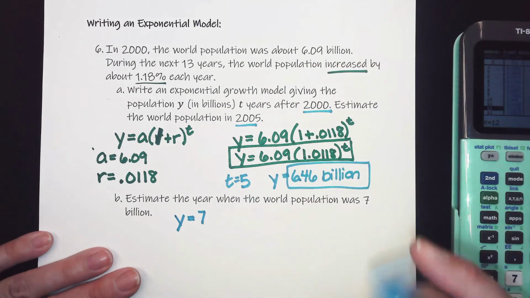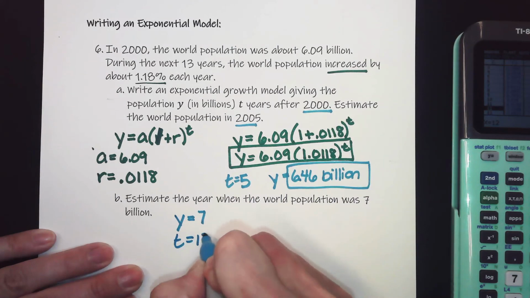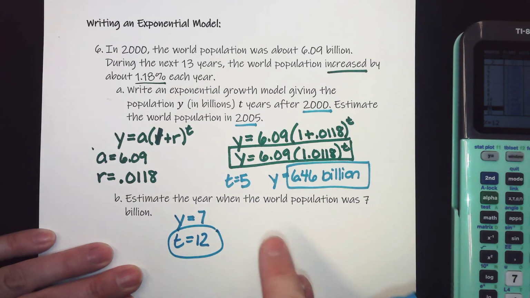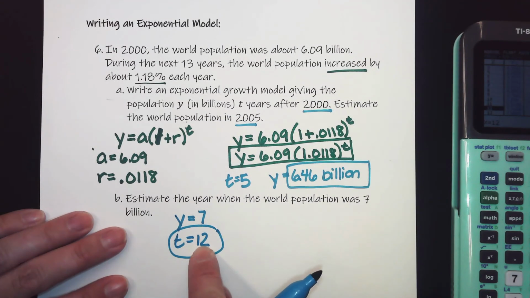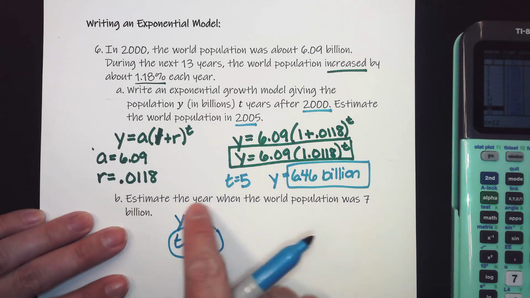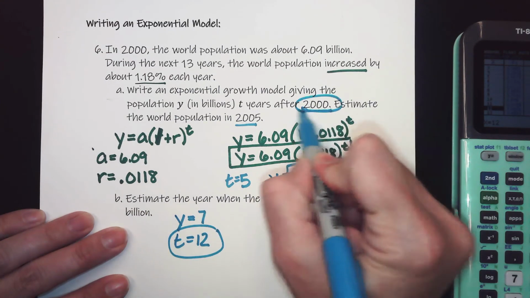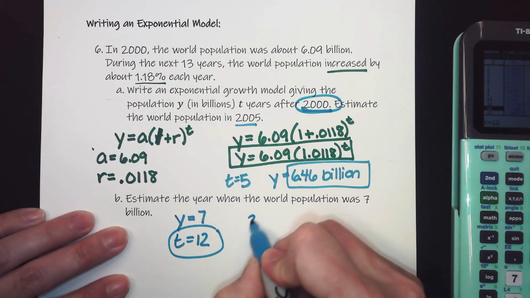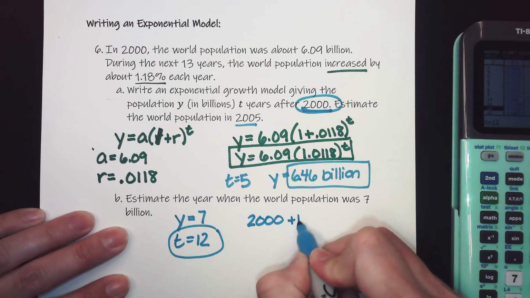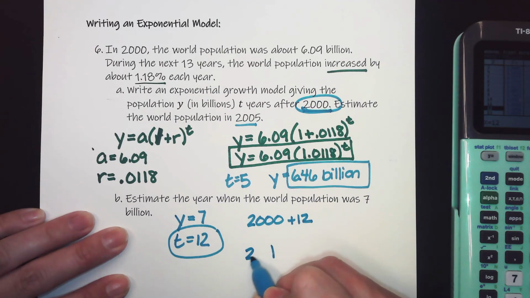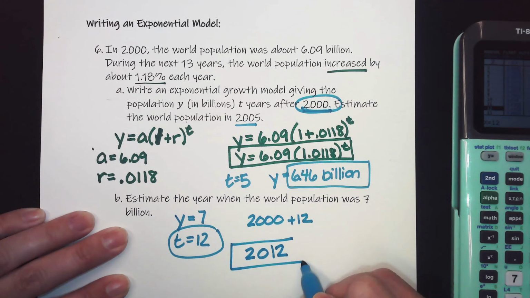So t equals 12 would be part of my answer, but this is wanting the year. Remember, we started in 2000, so I need to take the year 2000 and add 12 to it. So my answer is 2012. That would be the year.